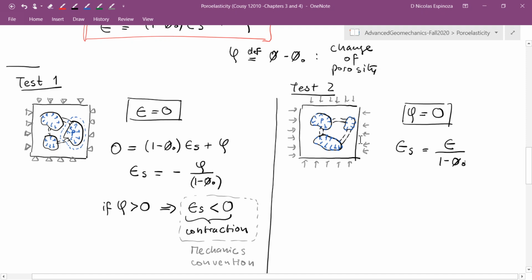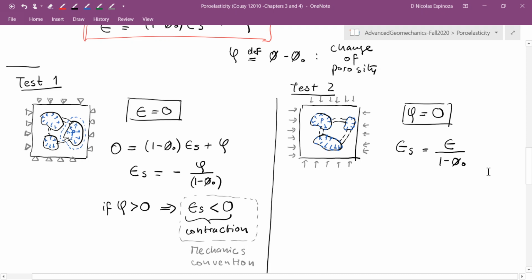Why? Because although the bulk strain was 10%, the strain of the solid part is going to be actually higher because we're not deforming the pores. There is volume inside the porous solid which is not deforming. And in this case, not letting the porosity deform is going to come at the expense of more deformation of the solid.